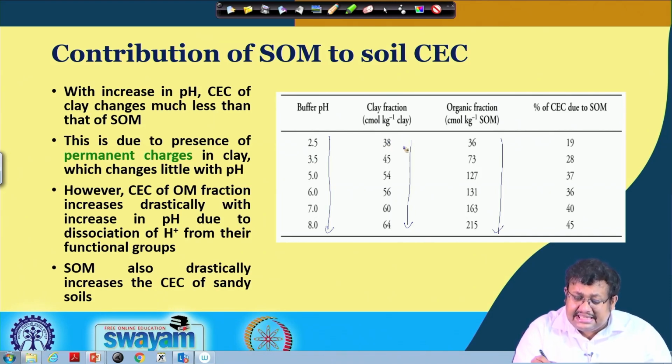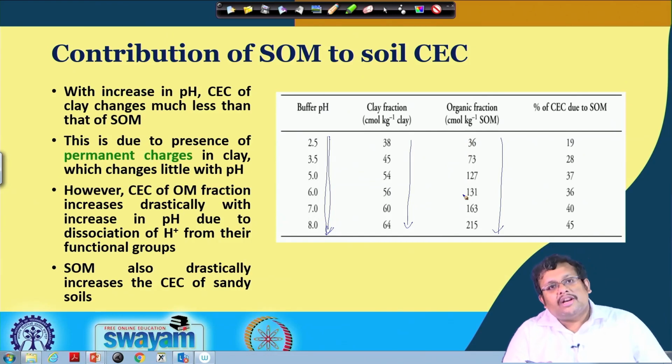This is the CEC due to the clay fraction and this is the CEC due to the organic matter fraction. One thing is clear: with increase in soil pH, the CEC of the clay changes much less than the CEC of soil organic matter.